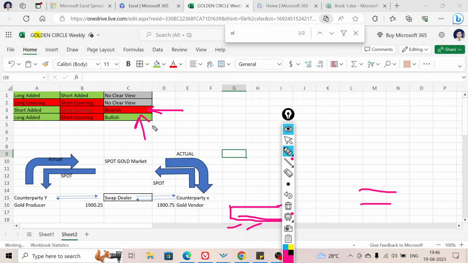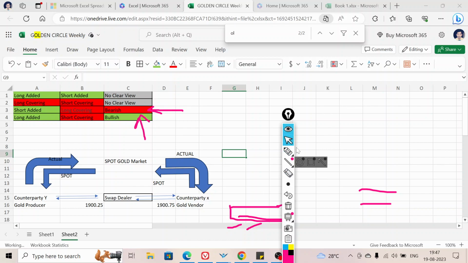So this is how you can use the COT report in forex trading. Whenever you look at the futures market and see the positions of managed money, the smart players, you can utilize those movements in the spot price. I have already said this many times with many examples.